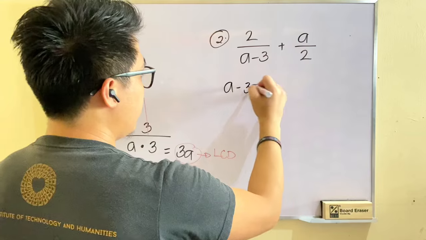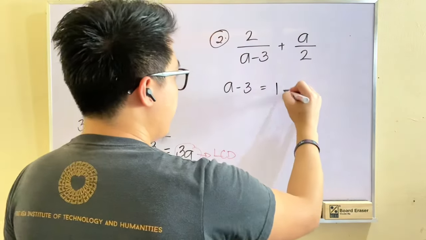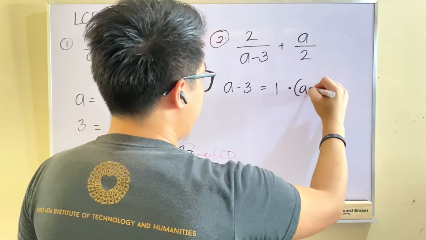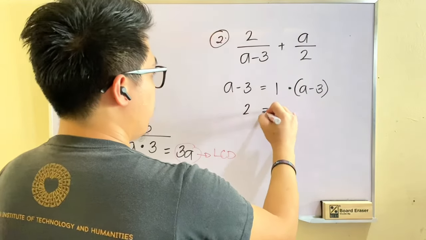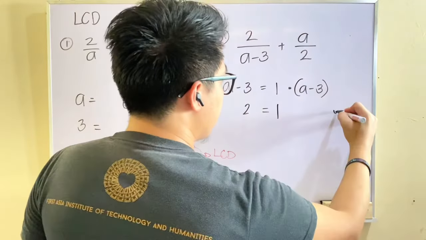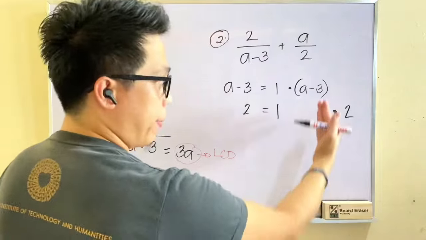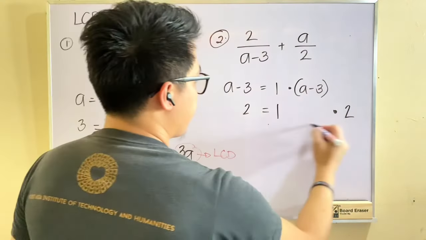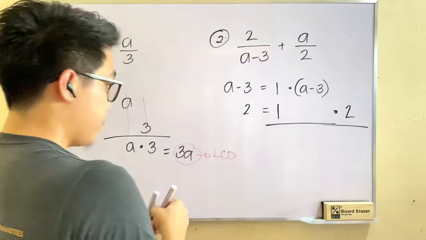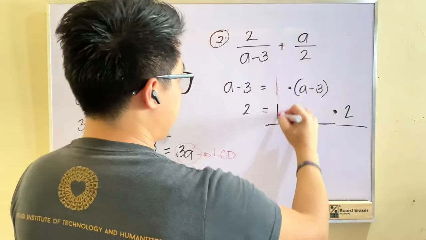A minus 3, so ang factor niya is 1 times A minus 3. Then si 2, ang factor niya is 1 times 2. Mapapansin nyo, hindi ko siya pinagtapat kasi magkaiba ng value. Again, so pagtapatin lang.